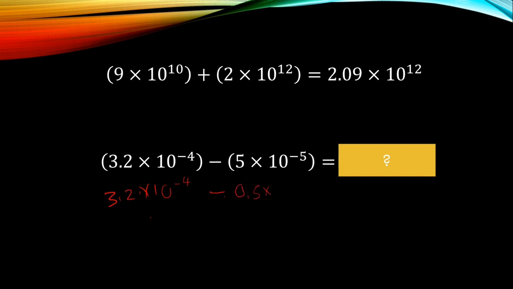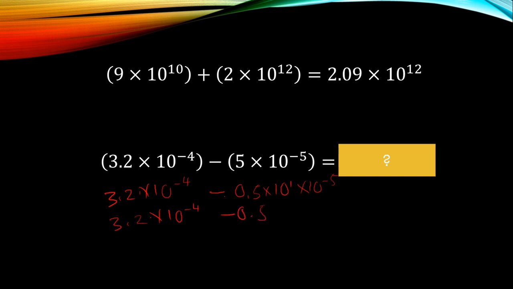So it will be 3.2 times 10 to the power minus 4 minus 0.5 times 10 to the power minus 4. And then we just subtract these ones, 3.2 minus 0.5 times 10 to the power minus 4.